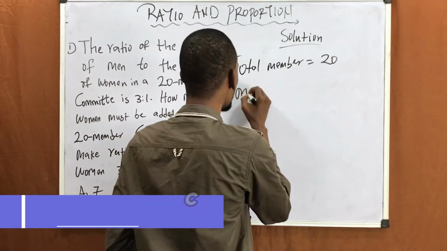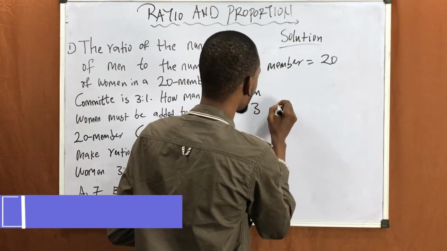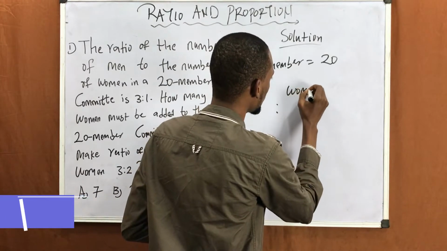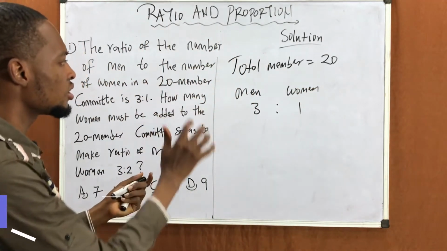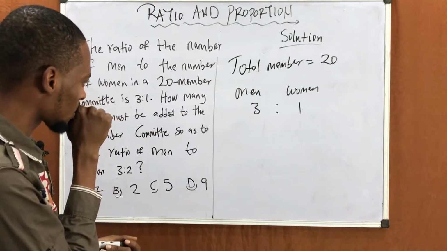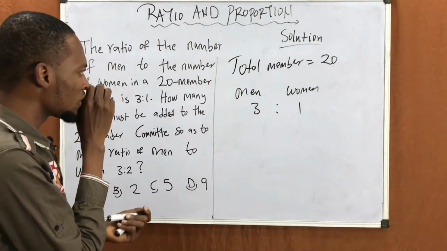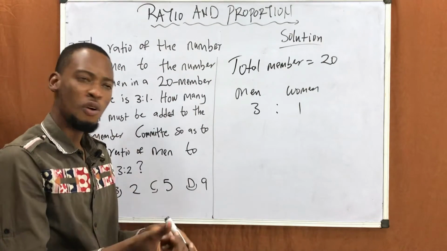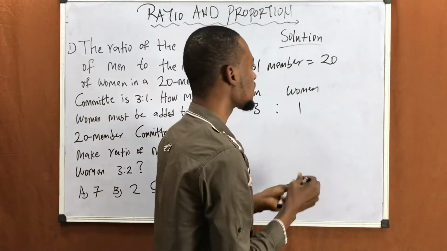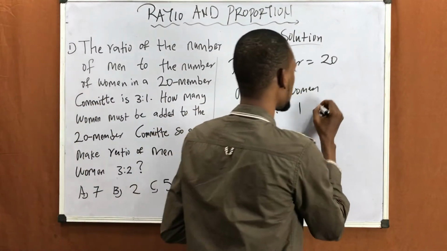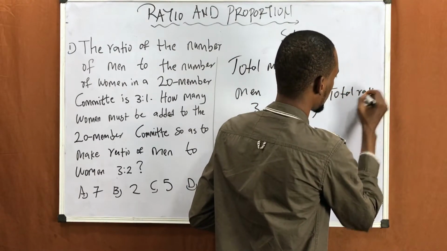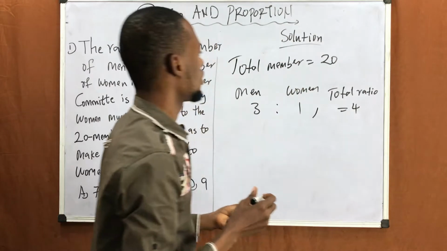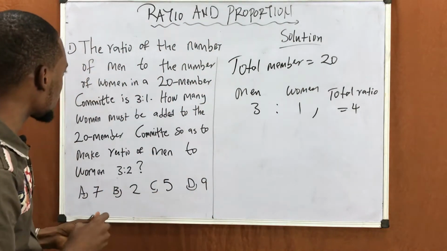So men 3, women 1, 3:1. This means the total ratio is 4. 3 plus 1 is 4. So total ratio equals 4.